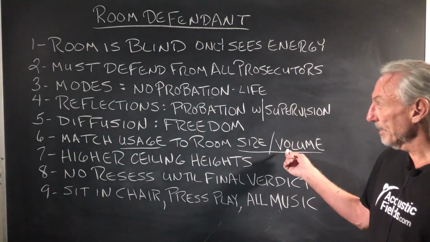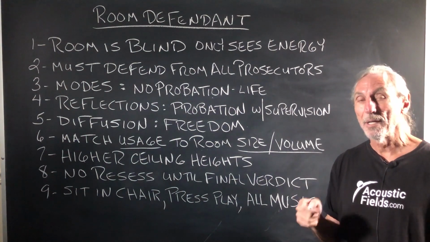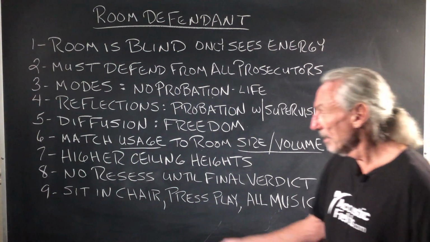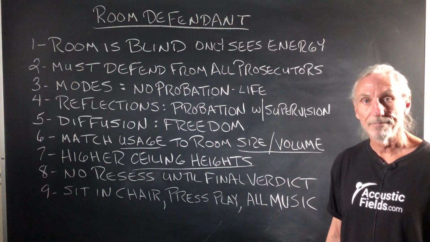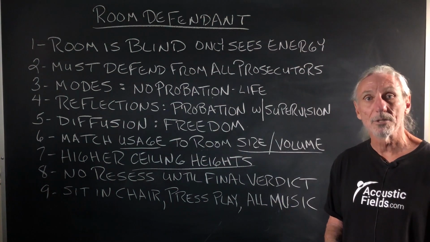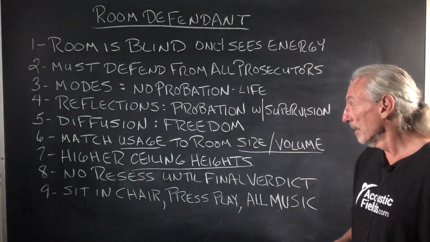So you got to take some personal responsibility here. You got to find a balance between usage and size, okay? What's a given that we should always look for? Higher ceiling heights. The ceiling height is the lowest of the 3 dimensions. It's the smallest of the 3 dimensions, creates the most problems.